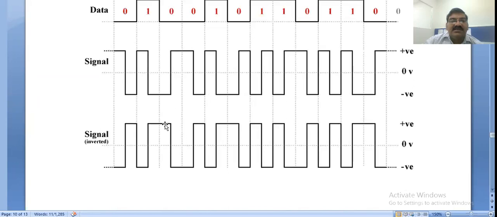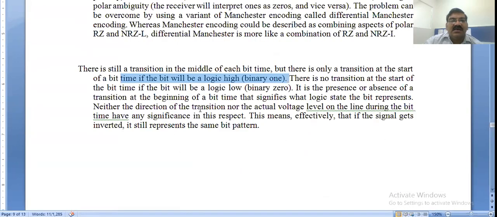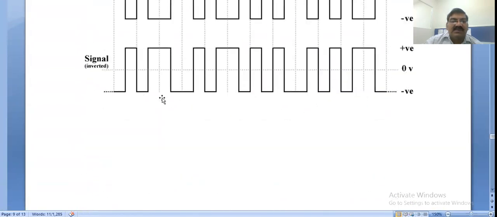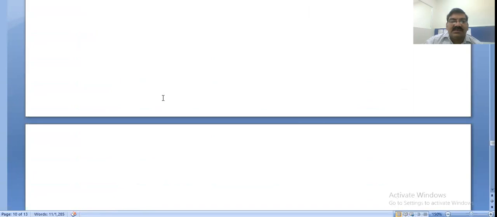If the signal is inverted, the pattern is still the same. This is called differential Manchester coding, same as the Manchester.